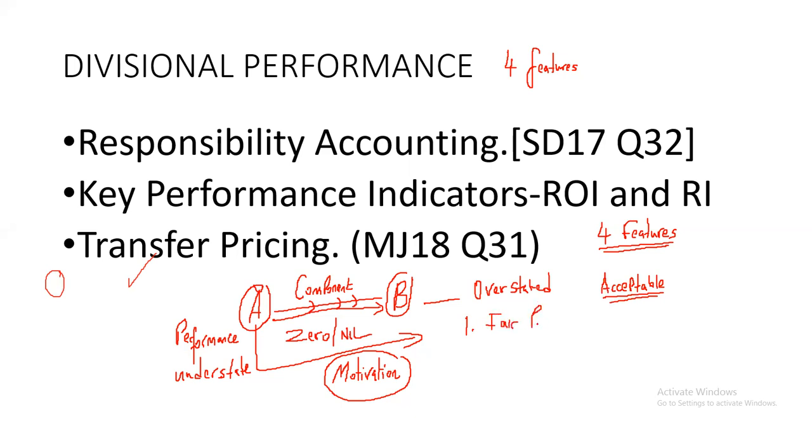Number 1, fair performance appraisal. Everybody involved must be happy with their performance. Number 2, it must respect autonomy.